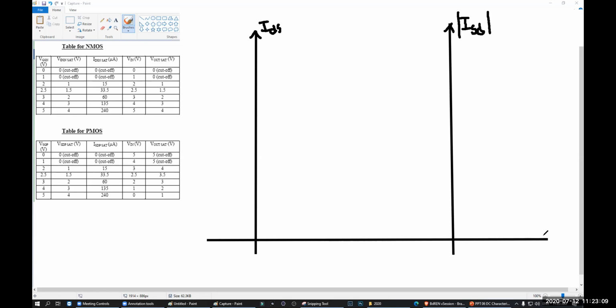This axis is for VDS, for NMOS. This axis is for VSD, for PMOS, okay?